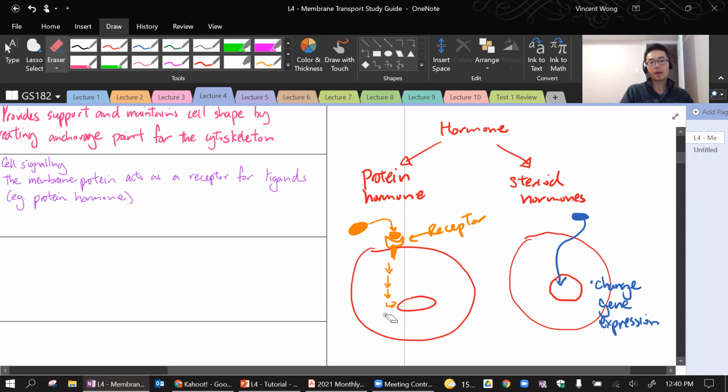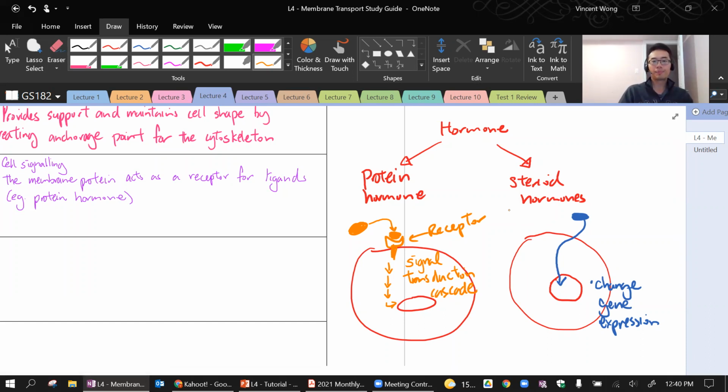So this pathway is called a signal transduction cascade. It's just a fancy way of saying a bunch of reactions. It's like passing down commands, like passing a note in class.